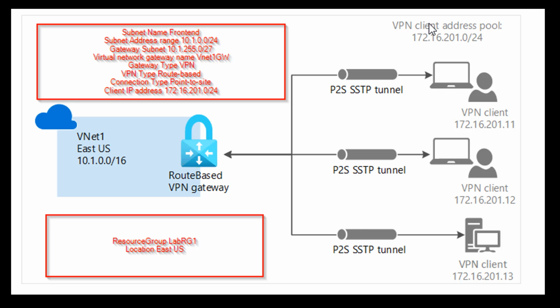You can also see the parameters we're going to use for this lab: our subnet name, our address range, our gateway, etc. Feel free to use these values or any values you like. This lab will be several videos. In this video, we will cover creating the VNet and the VPN gateway. So let's go.